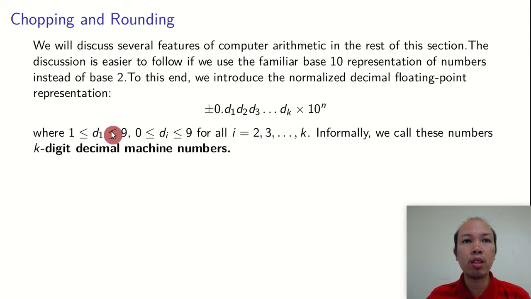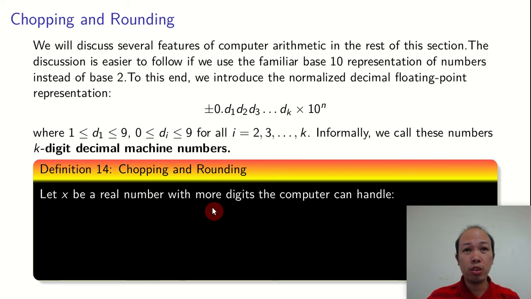So in this inequality, d sub 1 will not take the value 0. It will take numbers from 1 up to 9, and for i from 2 to k, this is the range of the values since it is in base 10, and we call these numbers k-digit decimal machine numbers. So this is the definition for chopping and rounding.